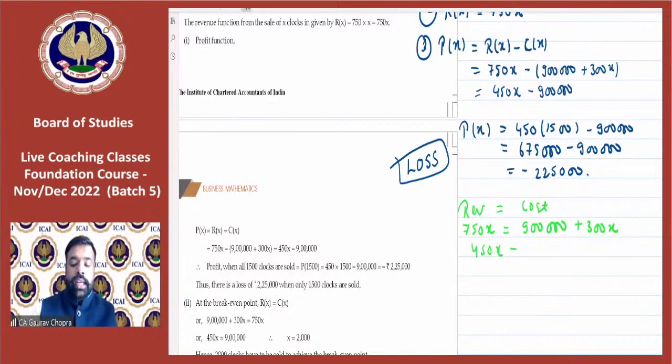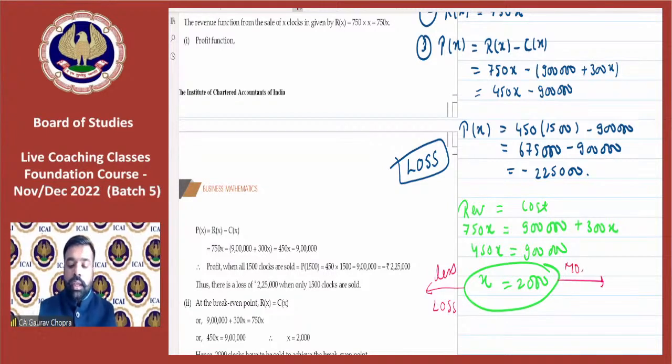So 450x is equal to 9 lakh. X is equal to 2000. That means we have to at least produce and sell 2000 units. If we do less than 2000, then there will be a loss. And if we do more than 2000, then we will be in profit. Okay.